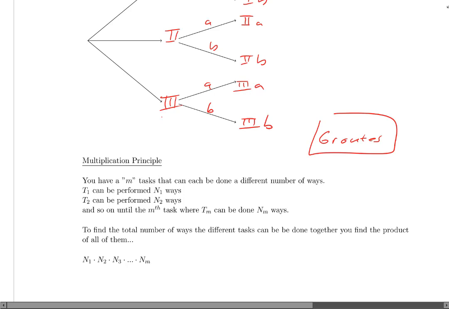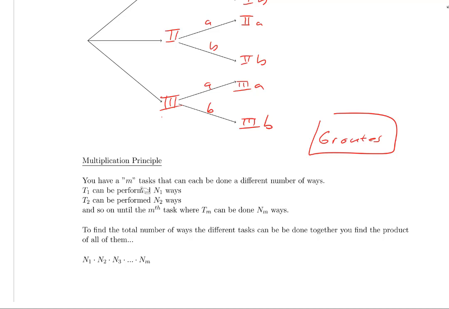So here we have m tasks that can each be done in a different number of ways. Task 1 we'll call T1, and we're going to say that can be performed in N1 ways. So if you have a particular task, it can be done 5 ways. And if another task, task 2, can be performed in N2 ways as well.